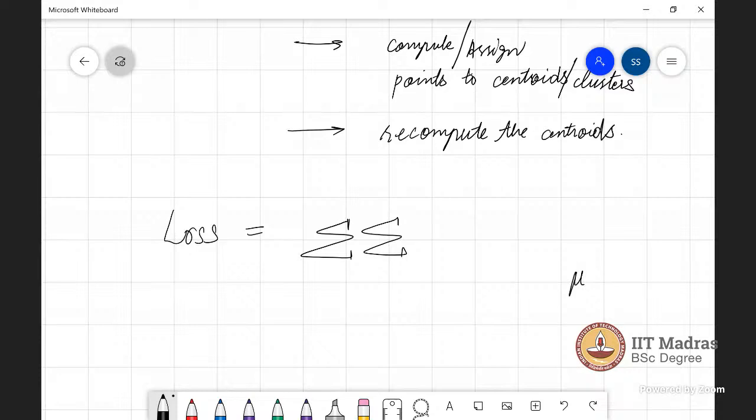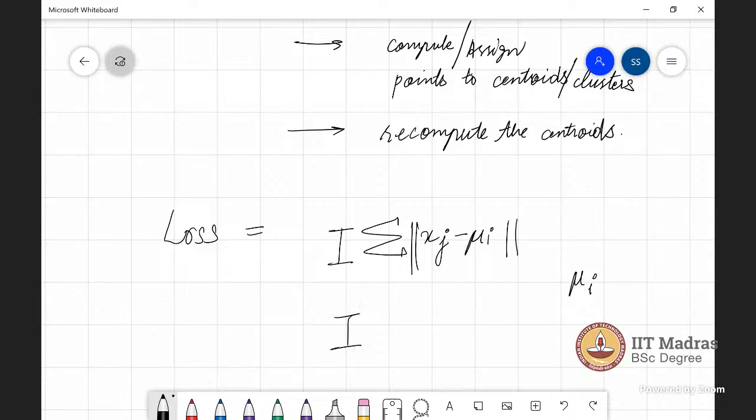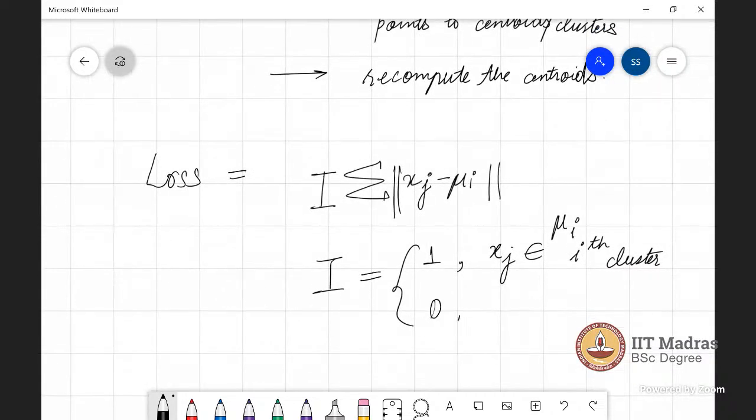So assume that mu I is a centroid. There's an indicator function which indicates whether xj belongs to the ith cluster, or 0 otherwise.